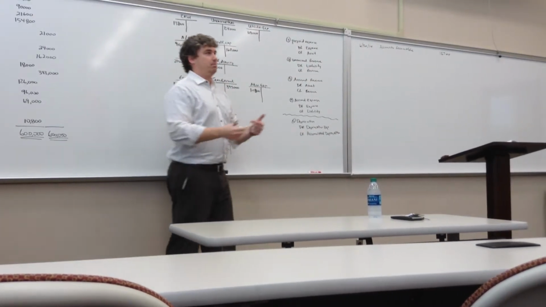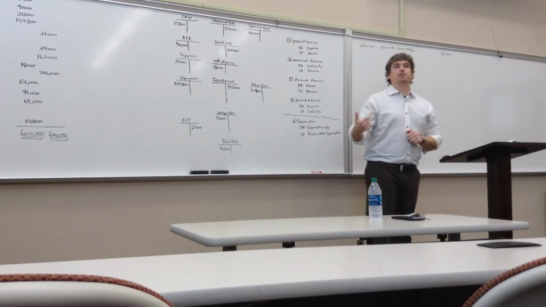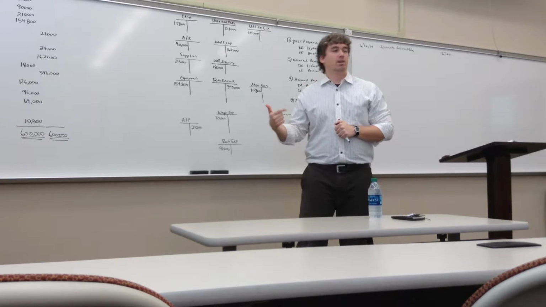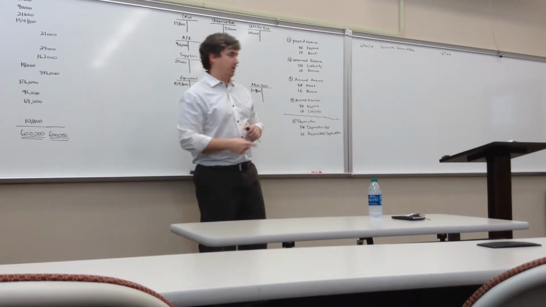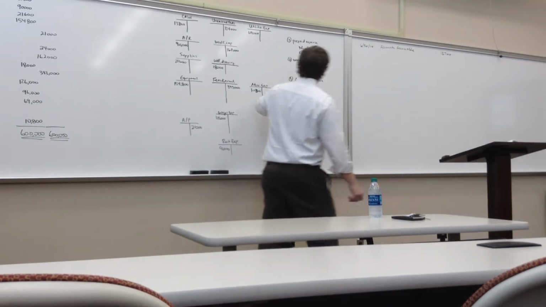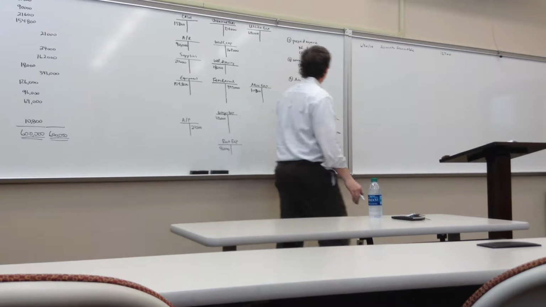Remember, GAAP allows me to book revenue. The whole reason we're doing this is what? I have to recognize revenue in the period in which it is earned, not necessarily paid. So we have to credit some revenue account.